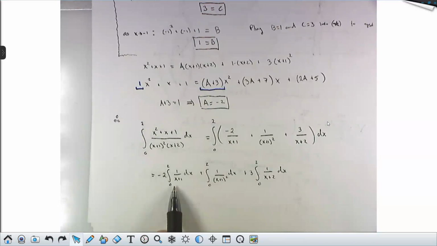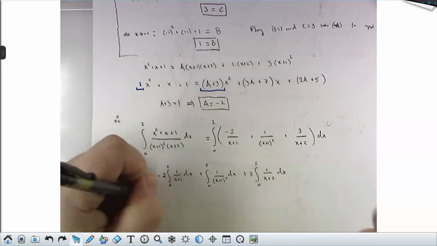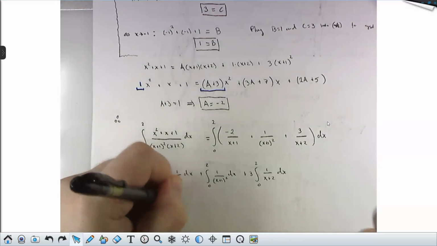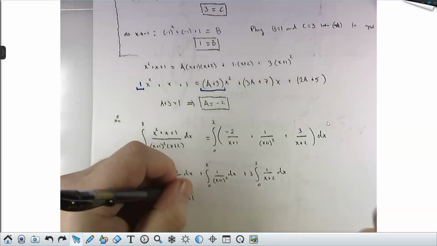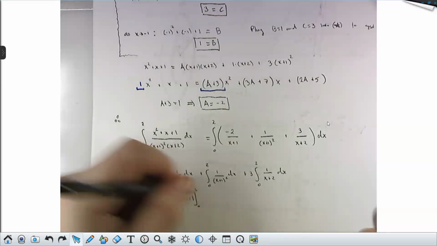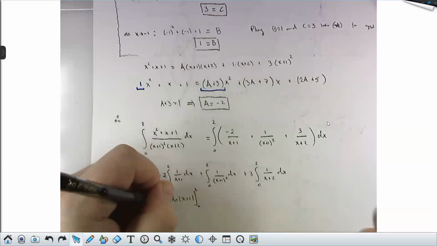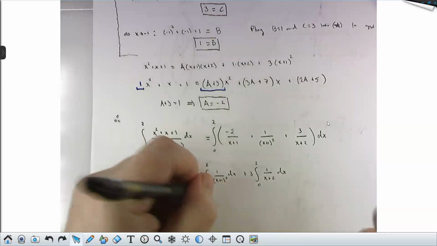In the first guy, I would substitute u equals x plus 1. And this would become 1 over u du because du is just dx. So again, kind of a little micro u sub. This is negative 2 times the natural log of the absolute value of x plus 1, evaluated from 0 to 2.